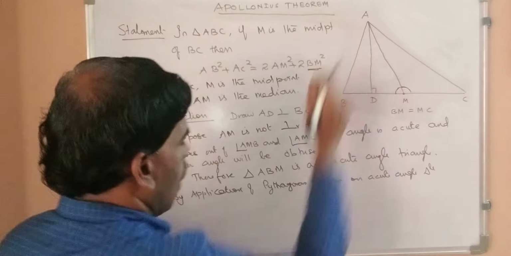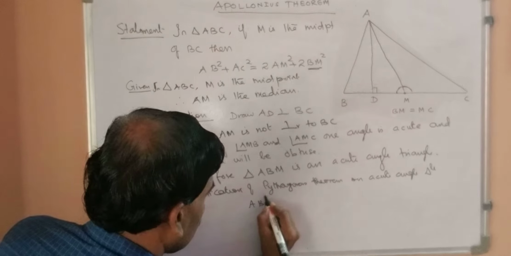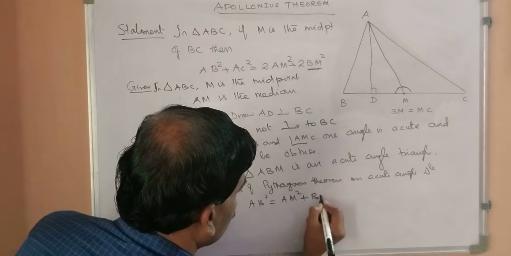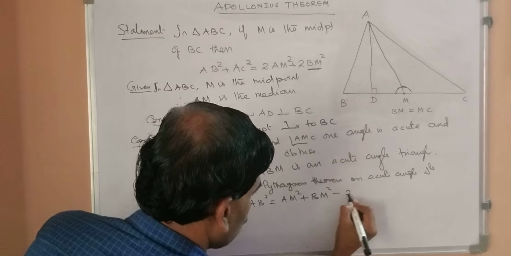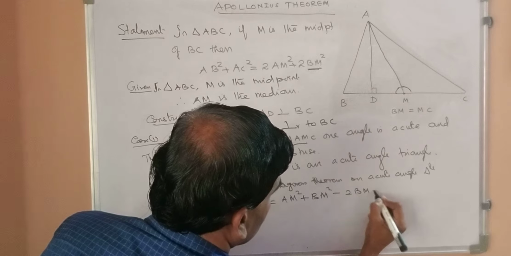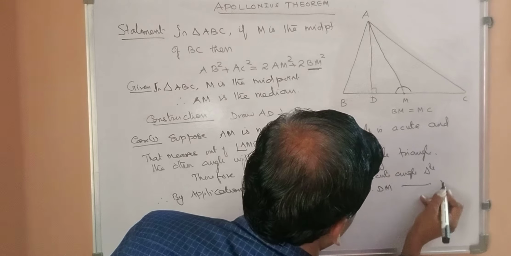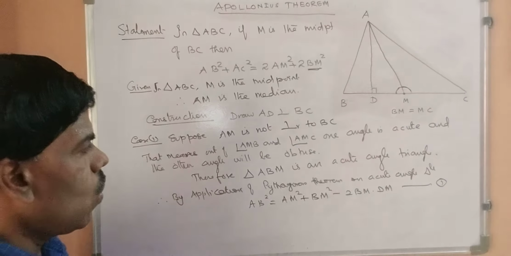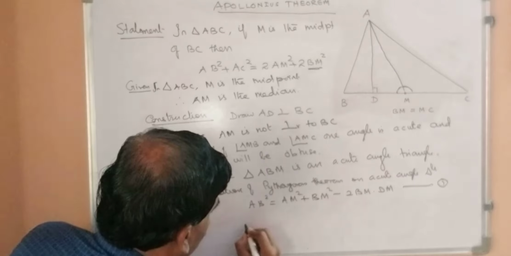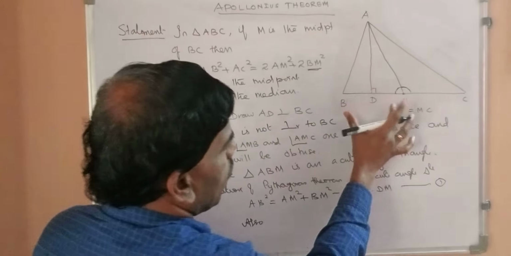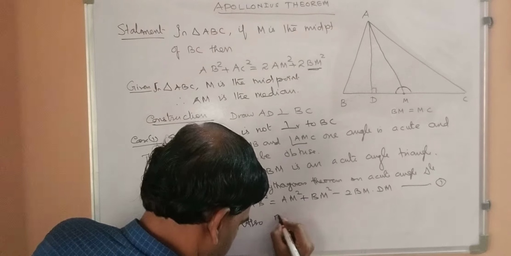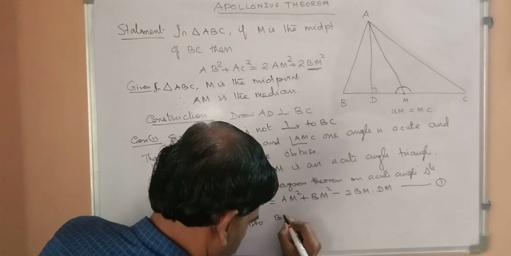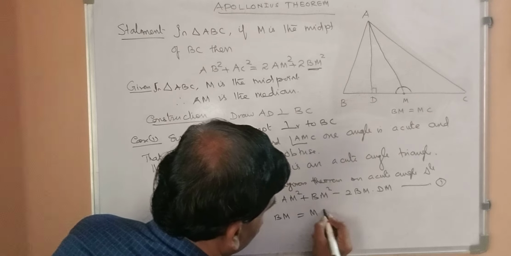So in triangle ABM, AB square is equal to AM square plus BM square minus 2BM into DM. That is equation number 1. Now also BM equal to MC.